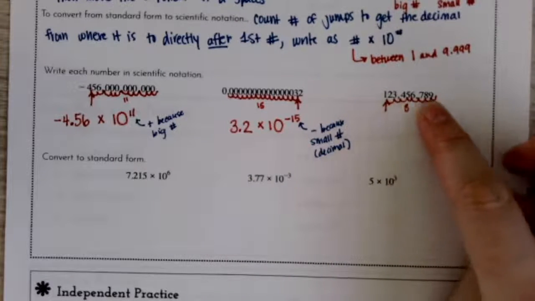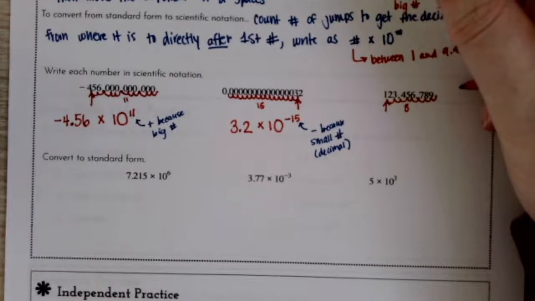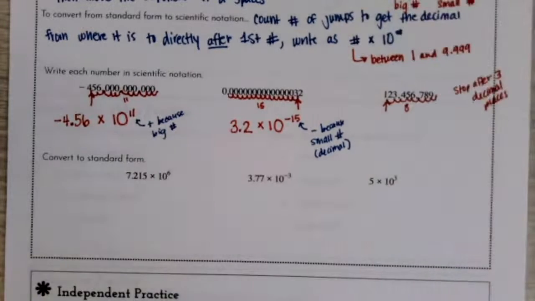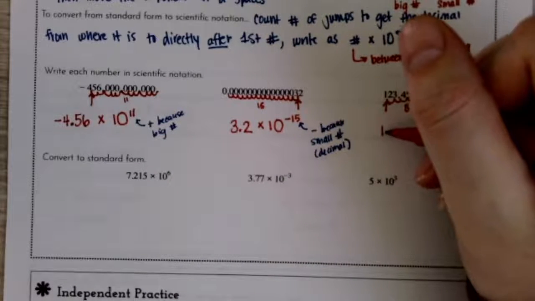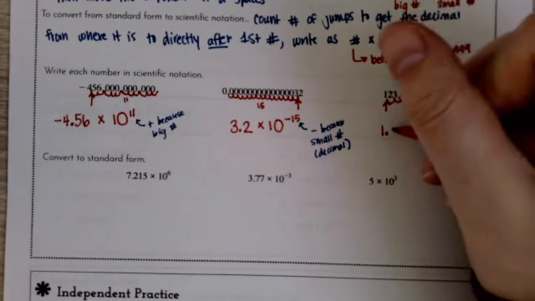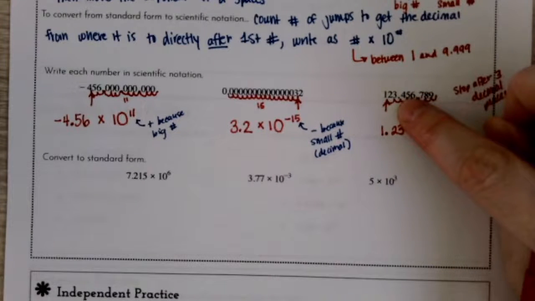So if you have all numbers, we want you to stop after 3 decimal places. So that means I would have 1 and then 3 numbers after. 2, 3. And then when you get to the last one, you need to decide if you're going to round up or down.